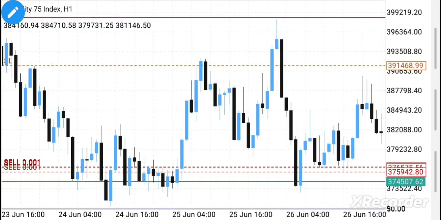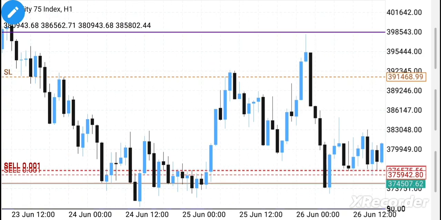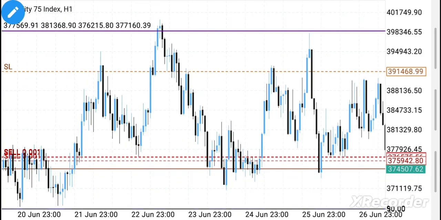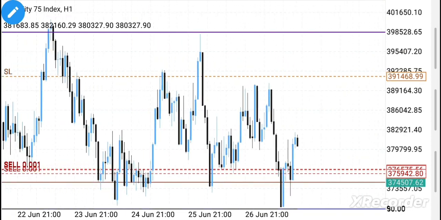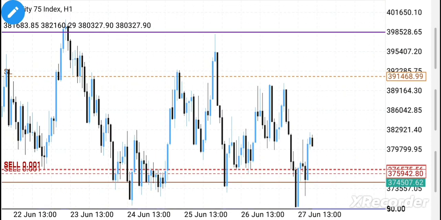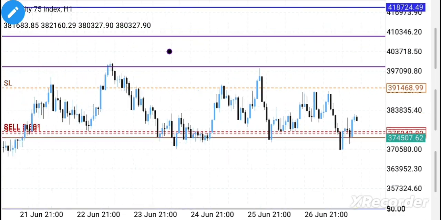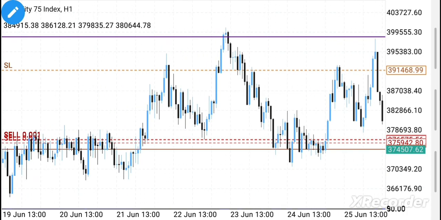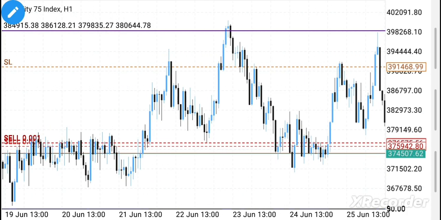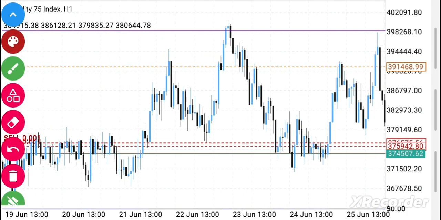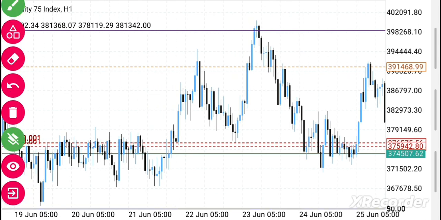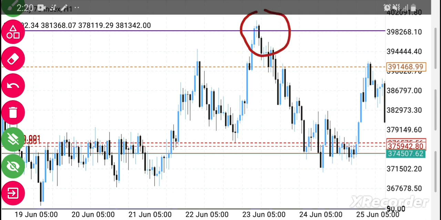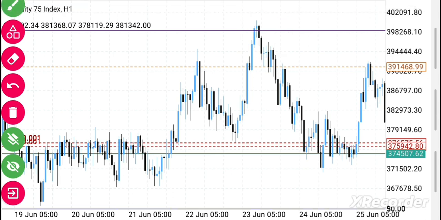You can see when the market tapped to our zone, exactly around this place, guys, exactly here, what do you see happened?